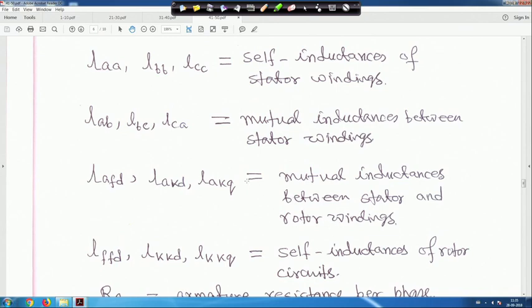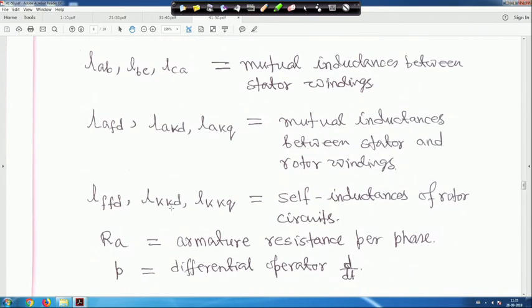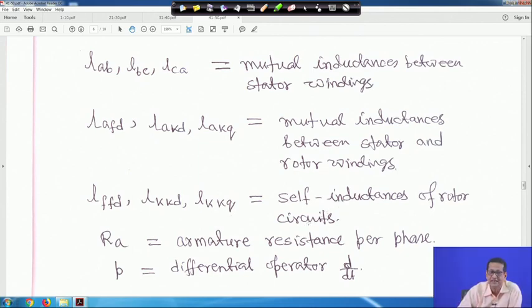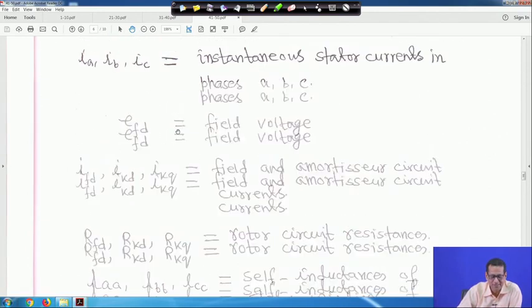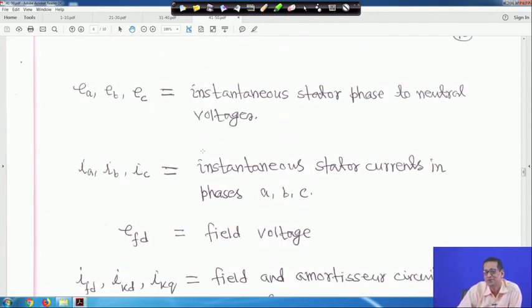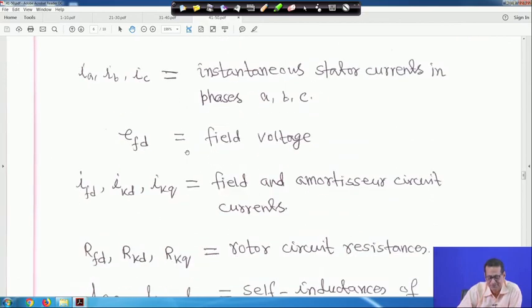Then LFFD, LKKD, LKKQ are the self inductances of the rotor circuit. And RA is the armature resistance per phase, and P is the differential operator, that is d/dt, because instead of d/dt we will use P, and later you will see many interesting things on the synchronous machine. So these are all the nomenclature before moving further.